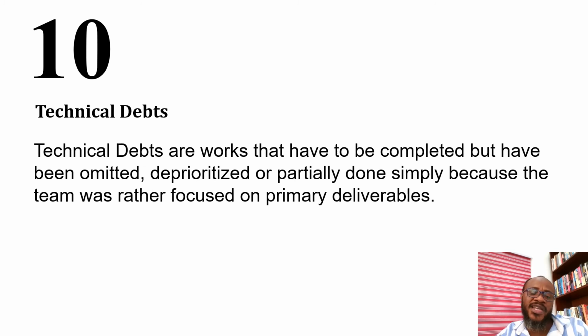The 10th concept we look at is technical debts. Now, technical debts are work that has to be completed but has been omitted, deprioritized, or partially done simply because the team was rather focused on primary deliverables. You know, when developers work, there are certain things that they do that do not necessarily contribute to the primary deliverables, but they make the system better.